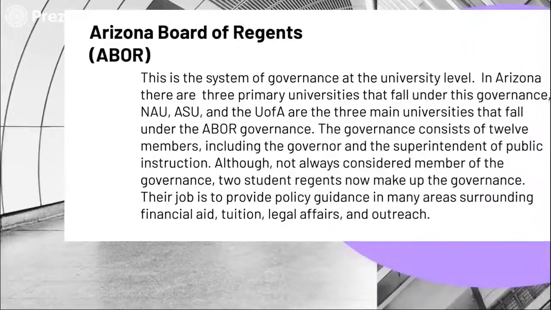The Arizona Board of Regents is at the university level. In Arizona, we have 3 main universities, NAU, ASU, and U of A. And the governance consists of 12 members: the superintendent of public instruction, the governor himself, and then, although this position wasn't always open, we have 2 student regents who take part in the governance.